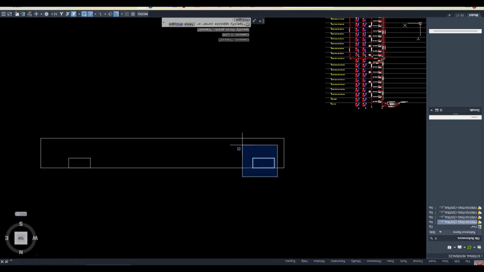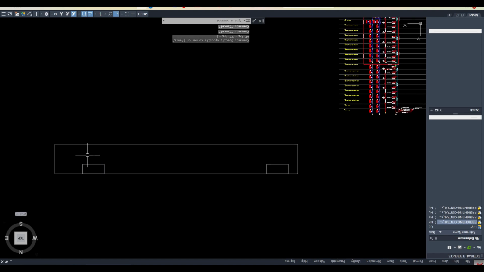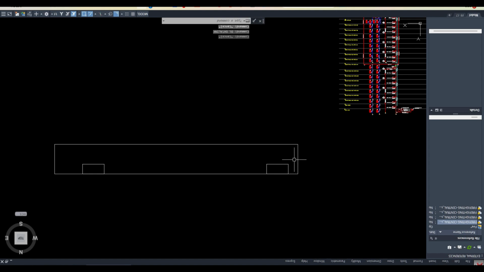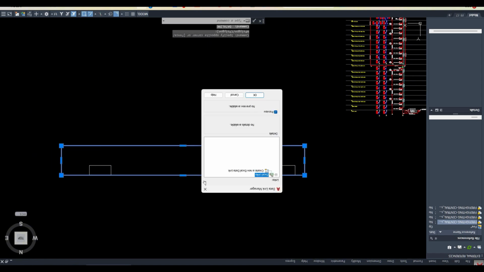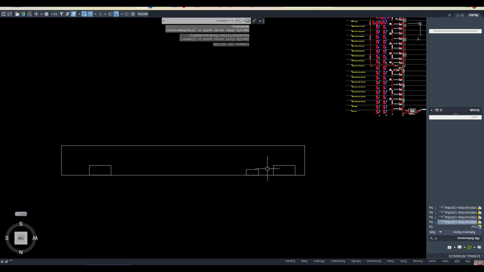Let's say this is one staircase and this is one staircase. Okay, and the corridor length itself is, let's say, maybe 45 meter.